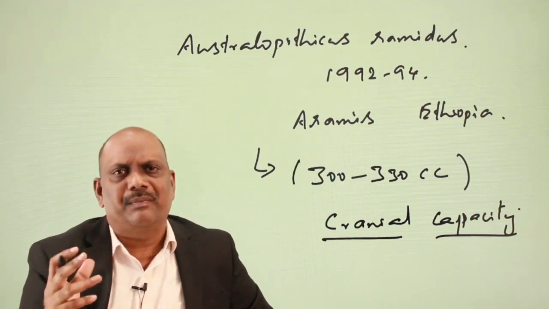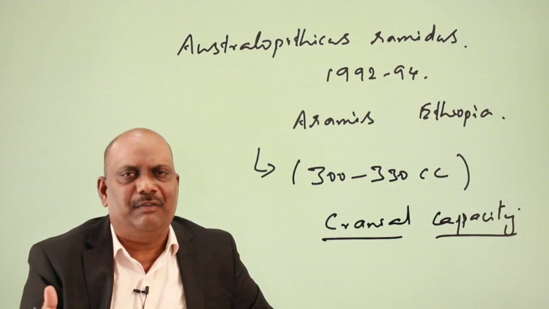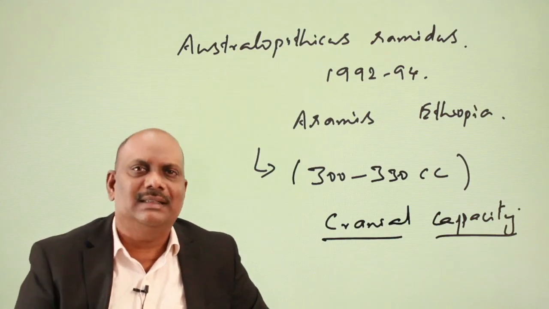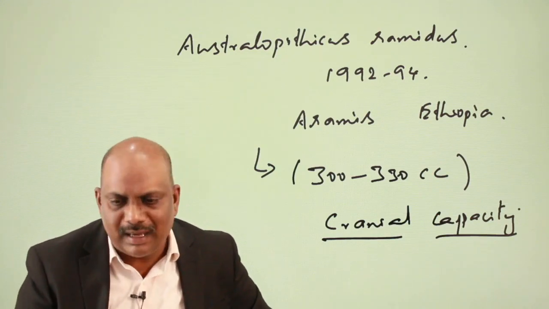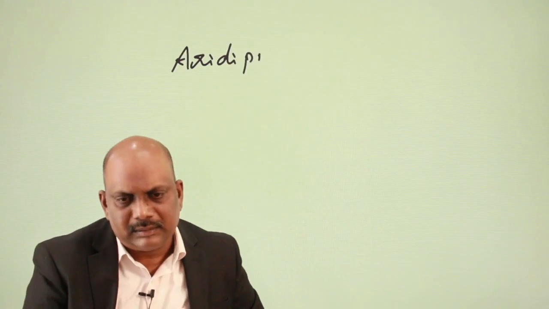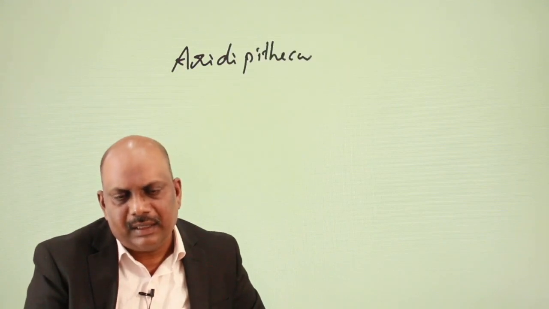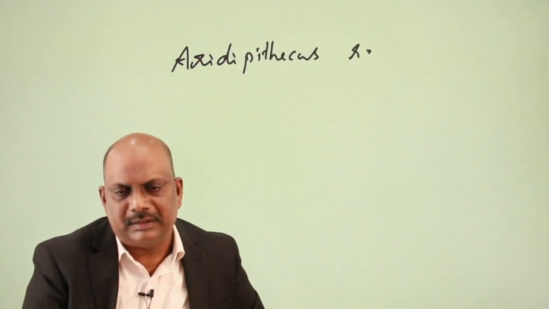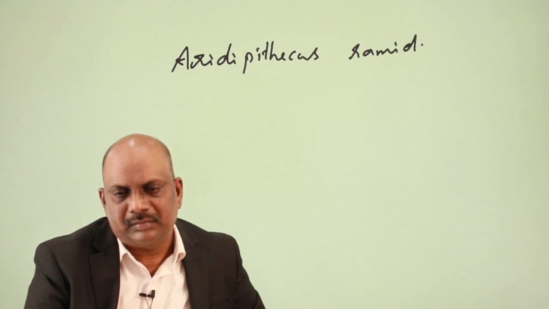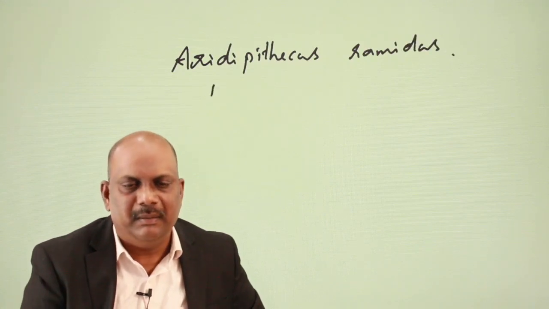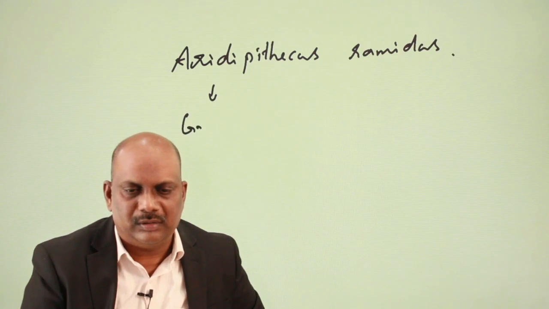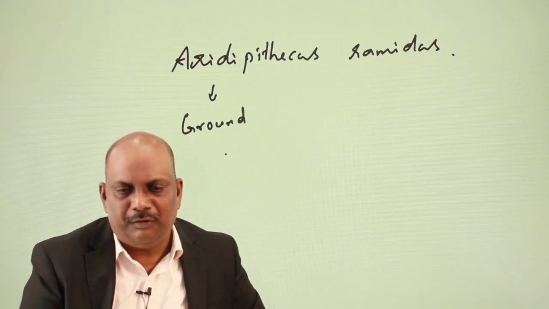And there were some other differences also. As a result, within a matter of 2 or 3 years, Australopithecus ramidus was renamed as Ardipithecus ramidus. Ardi means ground or floor.